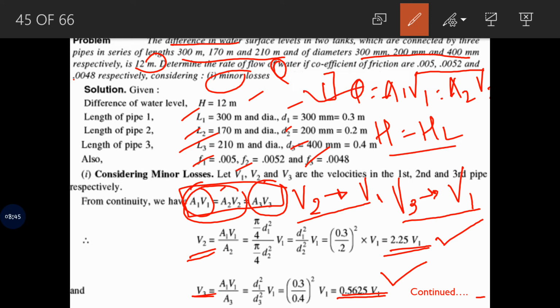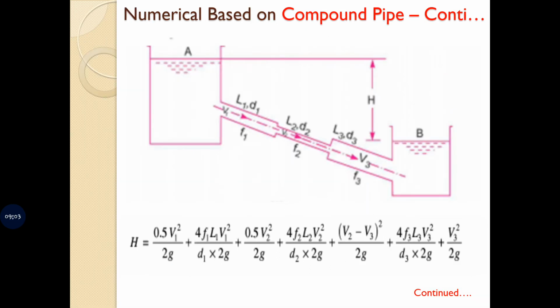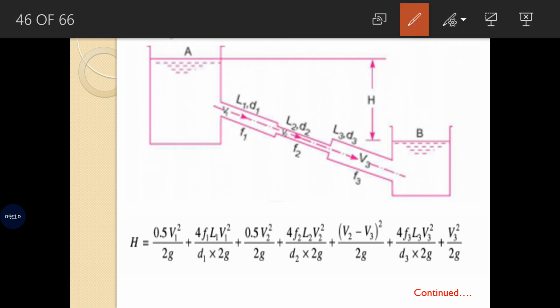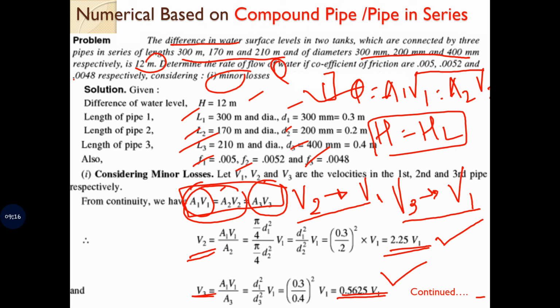Now we are going to use the second equation, that is H is equal to HL. That is the second condition which we have. Now in this HL, let's see what are the major losses and minor losses. First, the diameters of the pipes: first is 300, second is 200 and next is 400.